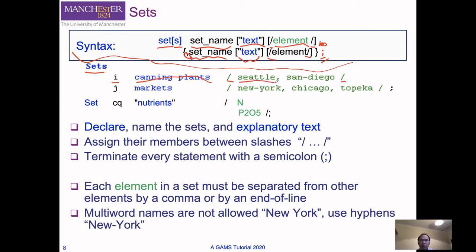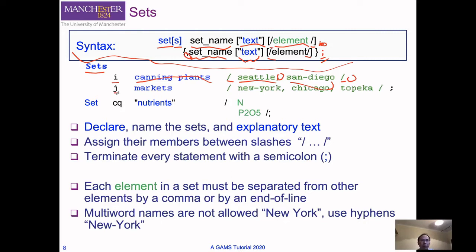They are Seattle and San Diego. These two elements are separated by a comma. Another set J is also defined in the same statement, but this set J is defined in another line, so we don't need to use comma to separate this set J with set I, because they are separated automatically by the end of line here.